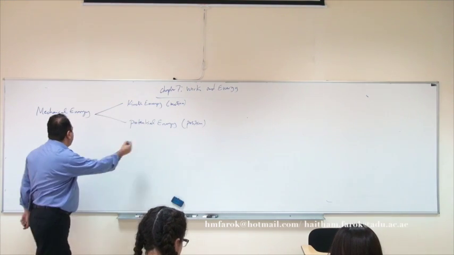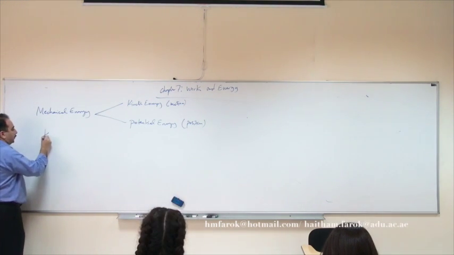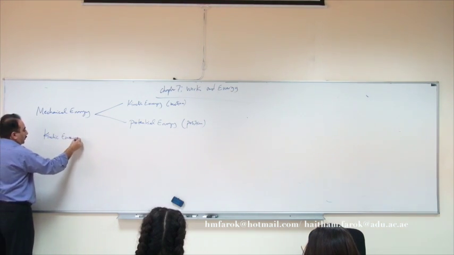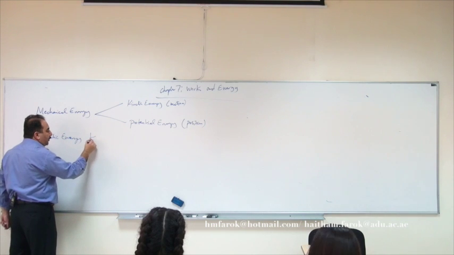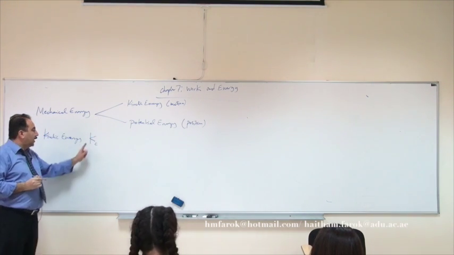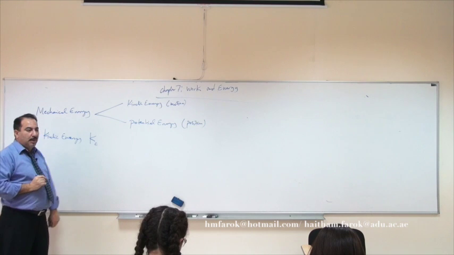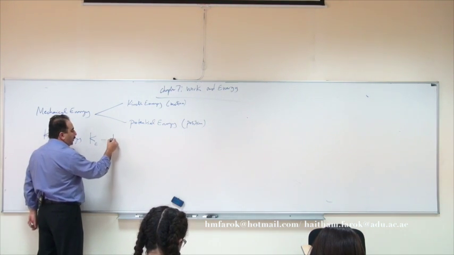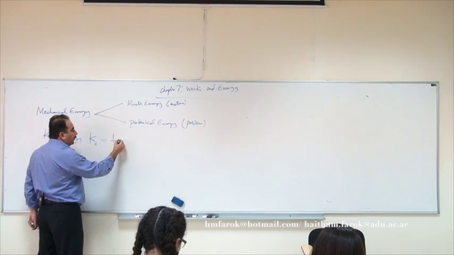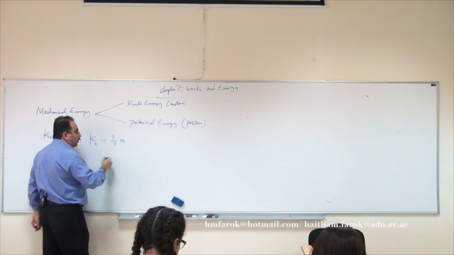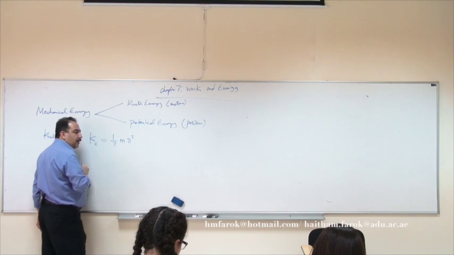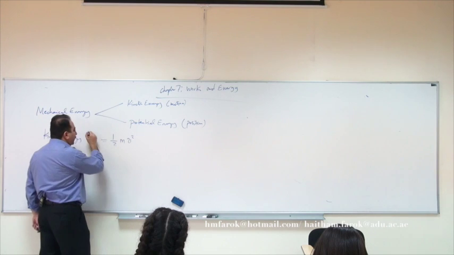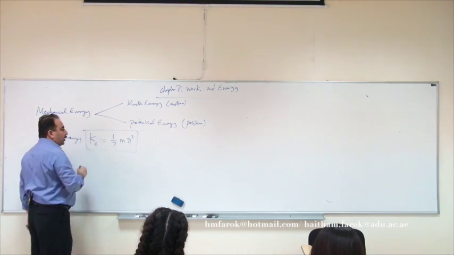So if you talk about kinetic energy, we give it the symbol capital K sub E, kinetic energy. And the kinetic energy equation is defined as half multiplied by the mass of the object multiplied by the speed squared, or velocity vector squared becomes scalar. This is how you calculate kinetic energy.